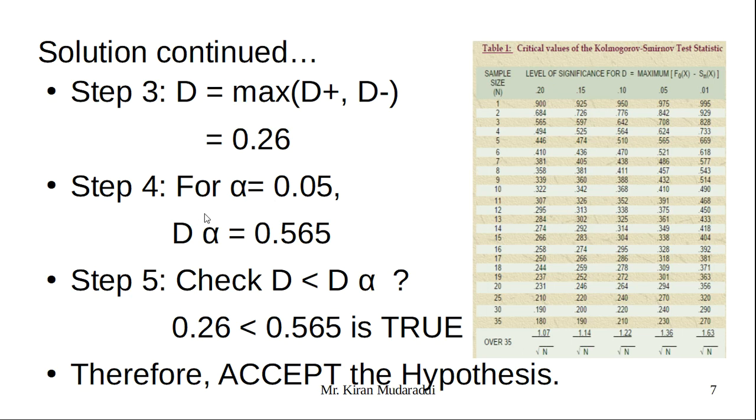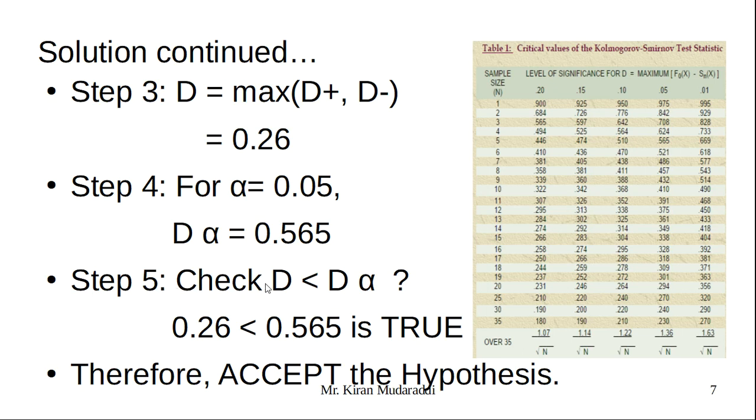So when the level of significance is 0.05 and the number of random numbers n is 5, the d alpha value will be 0.565. Nothing to worry about remembering all these values; this data will be given in the exam while solving this problem.